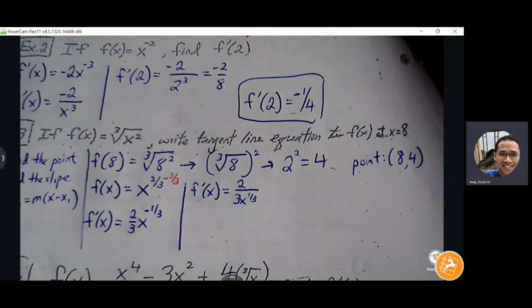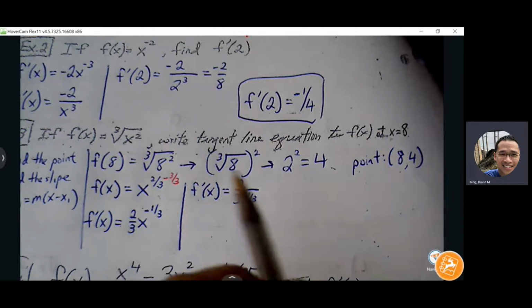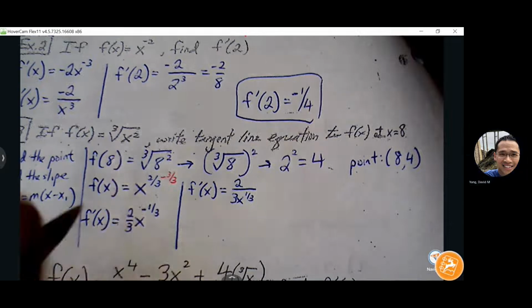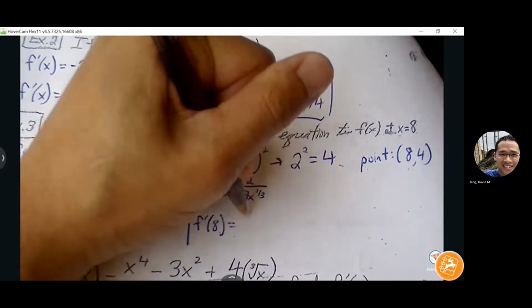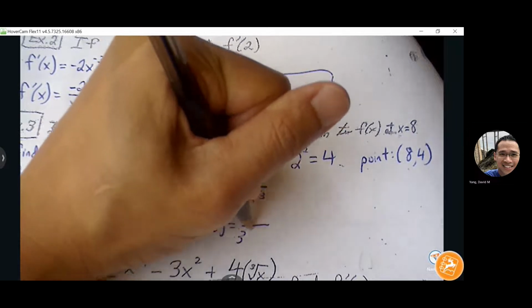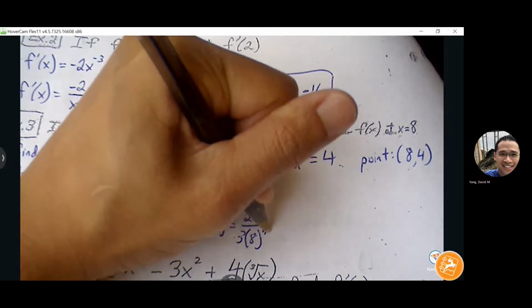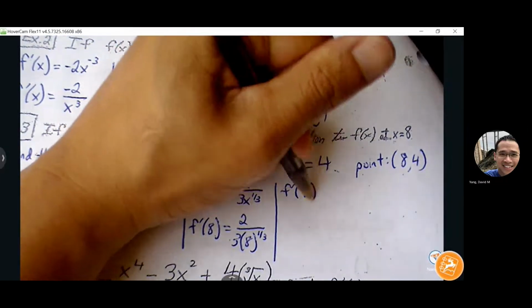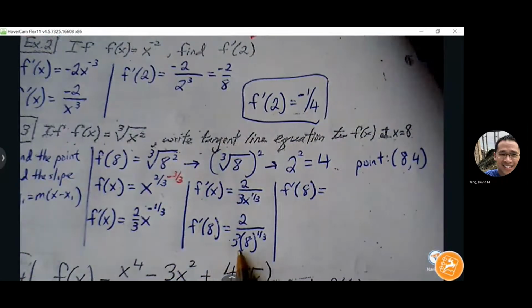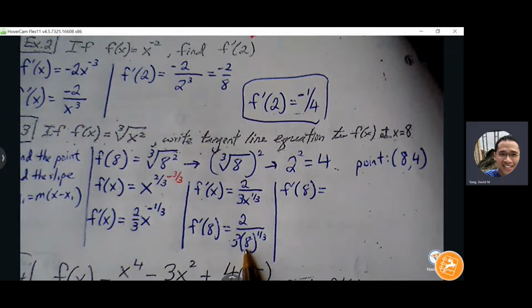And now I'm ready to insert the 8 into the derivative so I can find the steepness or the slope of this graph at 8. Okay, what's the cube root of 8? 2.